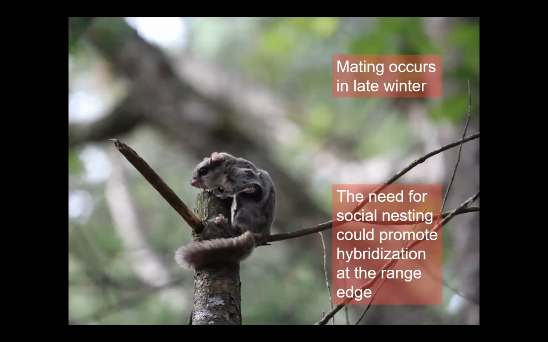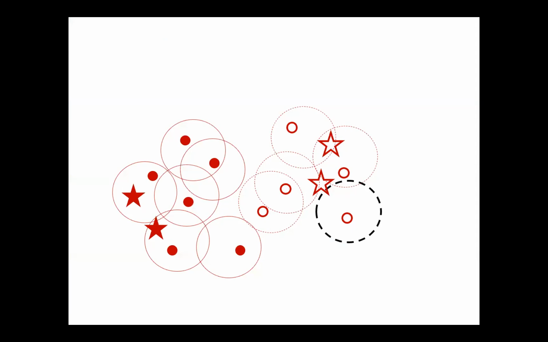And so if they're in a nest, it's cold out still, they're in a group nest, that's who they're going to mate with. So if you're one southern flying squirrel living in a matrix of northern flying squirrels at the edge of the range, you're going to nest with northern flying squirrels. You're going to nest with whoever you can. Otherwise, you're going to die because it's too cold.